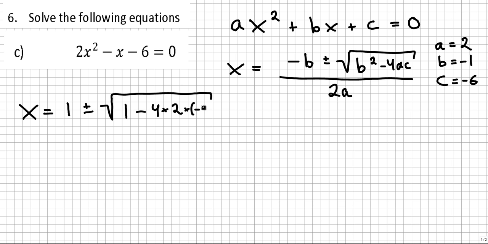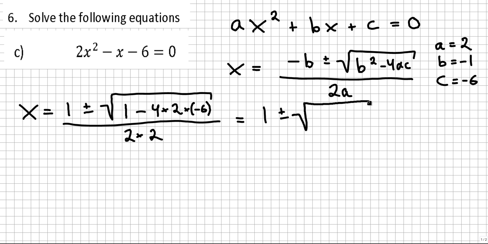I'm going to write minus 6 within brackets, so we make sure that we're getting the minus 6. And then everything divided by 2a, which is 2 times 2. So let's see, 1 plus minus the square root of, and then divided by 4.